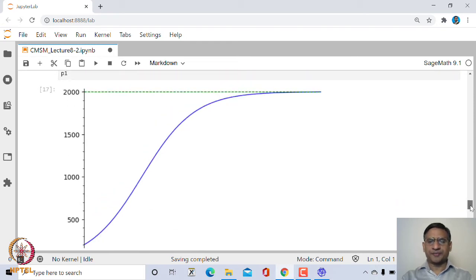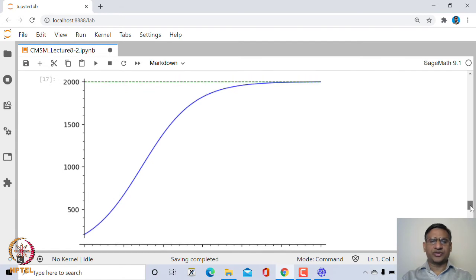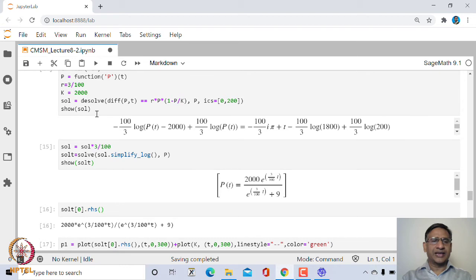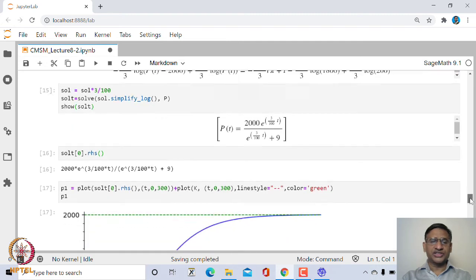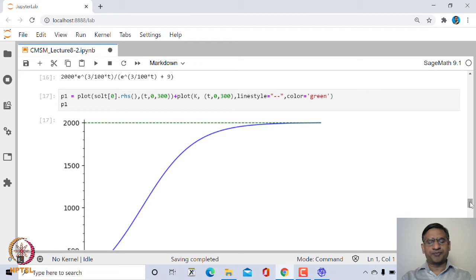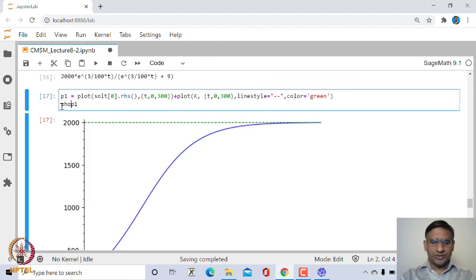So, that is a kind of equilibrium you have in this case. You can try to change the carrying capacity, the growth rate, etc., and see how the population changes. This kind of thing will help you visualize this model, change various parameters and see how the population changes.